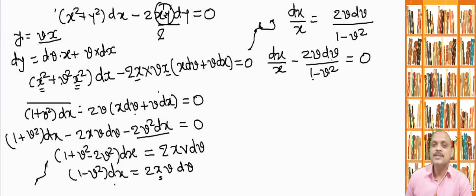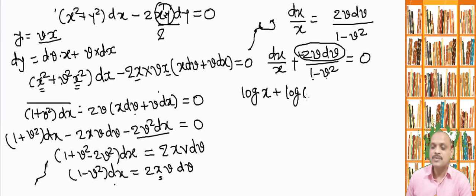So the numerator is a derivative of the denominator, and hence if we integrate this equation, we get a log term. Therefore, on integrating this, we get log of x plus log of 1 minus v square, since the numerator is the derivative of the denominator.